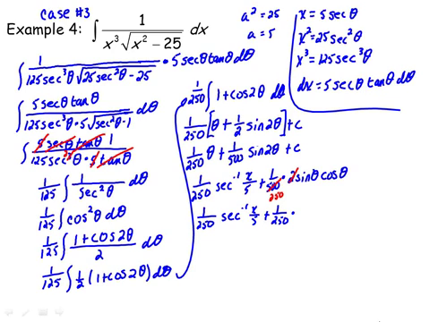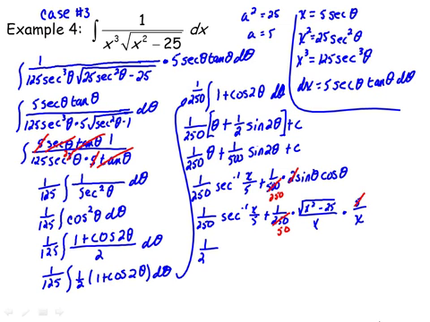What is sine theta? Case number 3, sine theta is the square root of x squared minus a squared, which is 25, over x, times cosine theta, which is a, which is 5, over x. Now I can reduce again. That 5 will go with that 250 and make it just a 50. One more time.